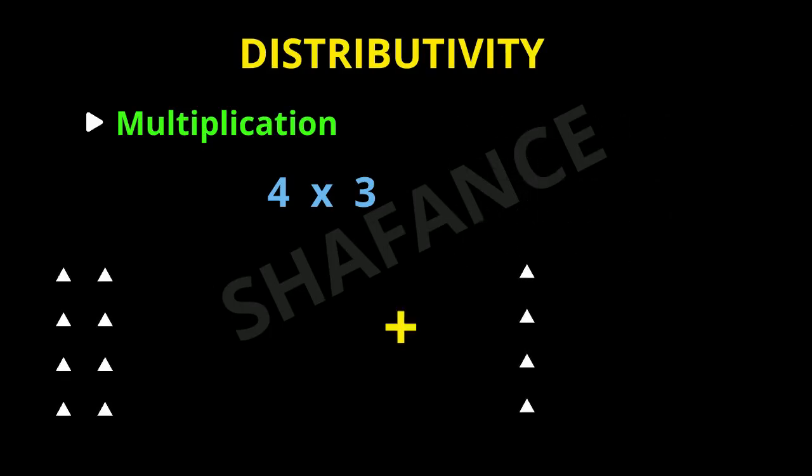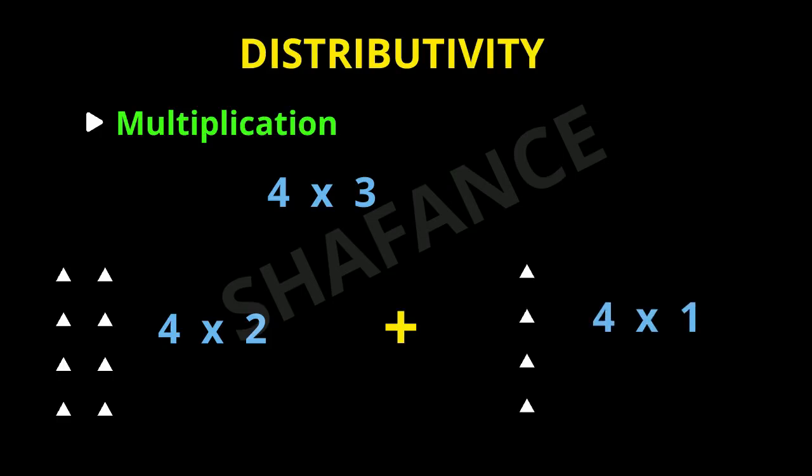So 4 multiplied by 3, that is 12, can be represented in this way. The 8 stars can be represented by 4 multiplied by 2. When we multiply 4 by 2, we get 4 stars or triangles twice. So over here we have 4 triangles 2 times, and in the next we have 4 triangles 1 time. So we can write it as 4 multiplied by 1.